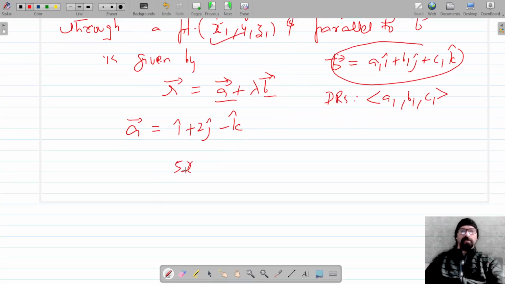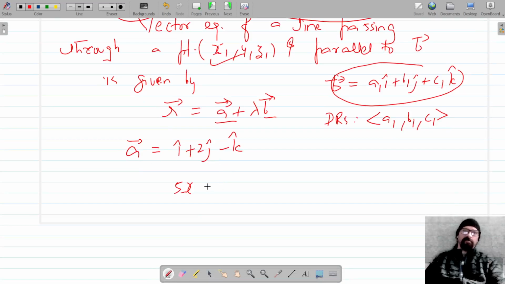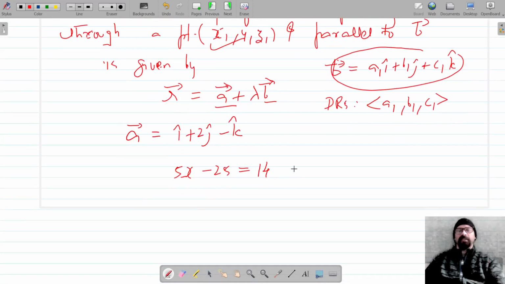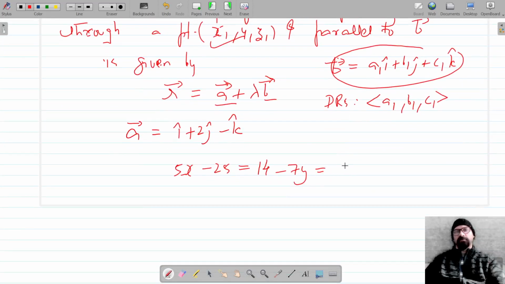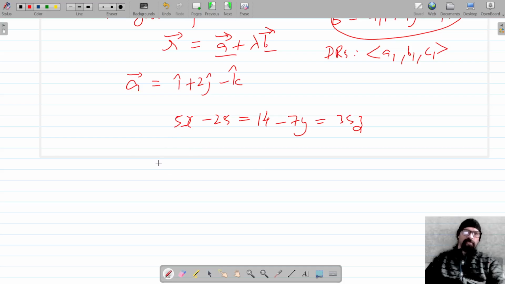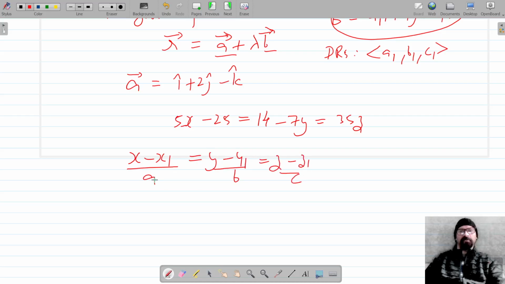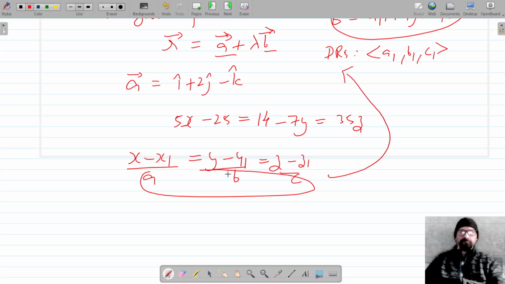The given Cartesian equation of the line is 5x minus 25 is equal to 14 minus 7y is equal to 35z. And to get the direction ratios, we will get this in the form x minus x1 by a is equal to y minus y1 by b is equal to z minus z1 by c, where a, b and c are the direction ratios.